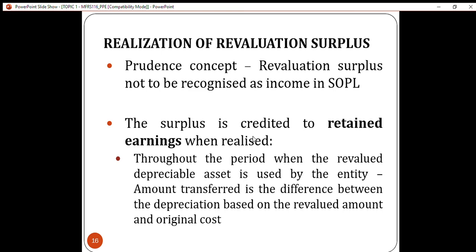Realized means when the asset is retired or disposed of. So some of the surplus is also transferred to the retained earnings as the asset is used and depreciated. The amount transferred is the difference between the depreciation based on the revalued amount and the original cost.